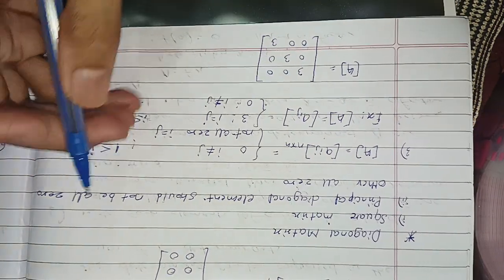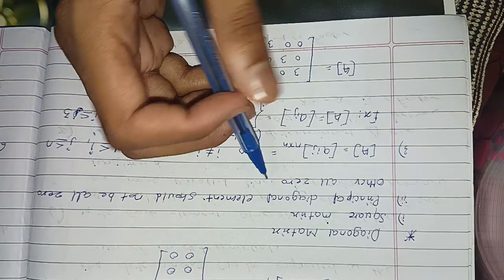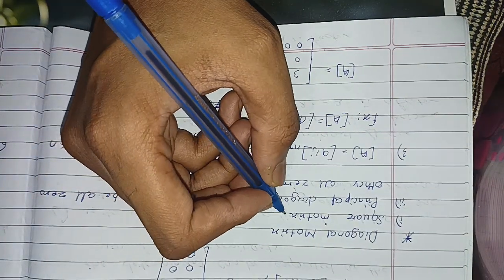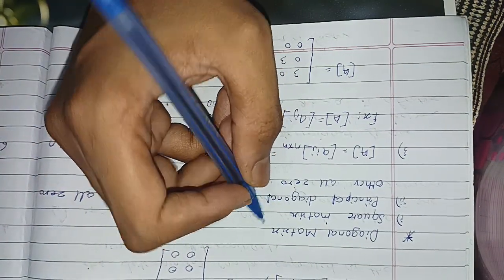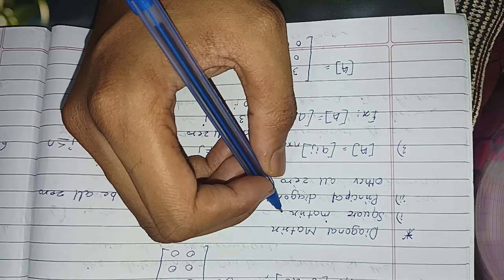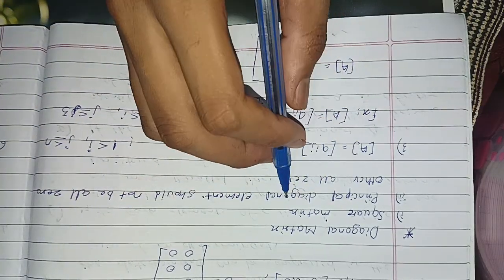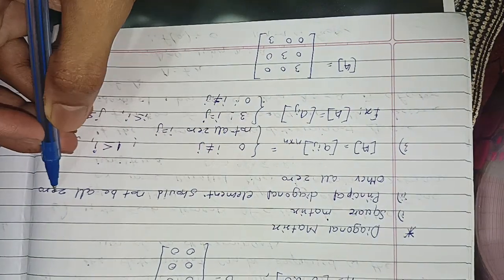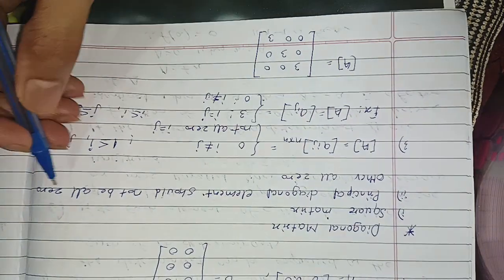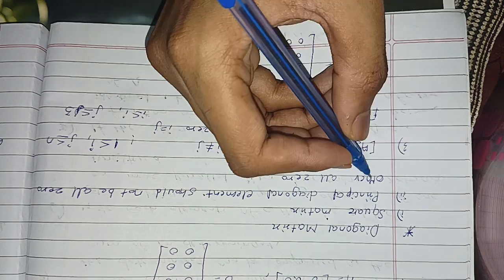But now what is a diagonal matrix? In a diagonal matrix, the condition is that it should be a square matrix. Diagonal matrix does not apply to a rectangular matrix. Here the principal diagonal elements should not be all zero.